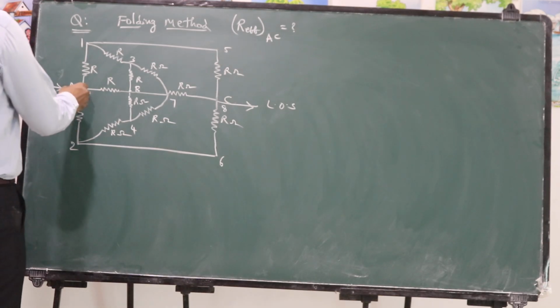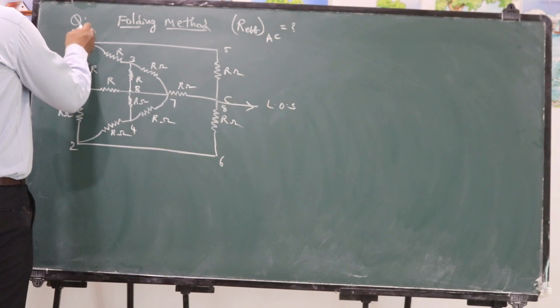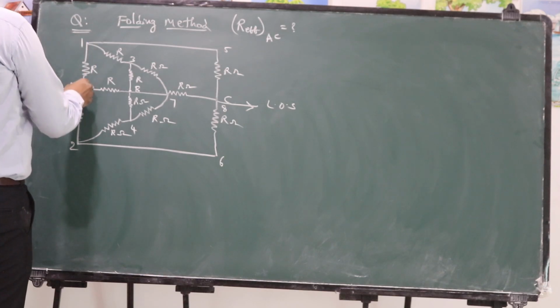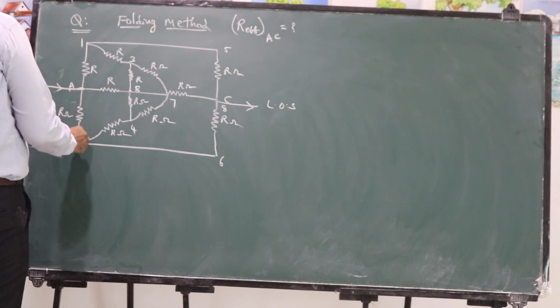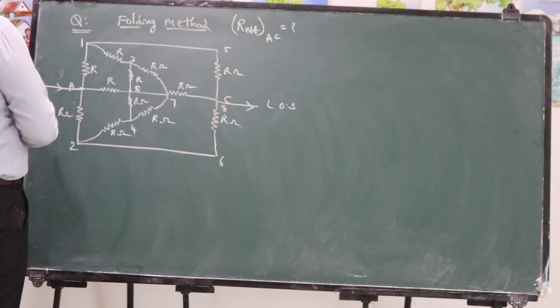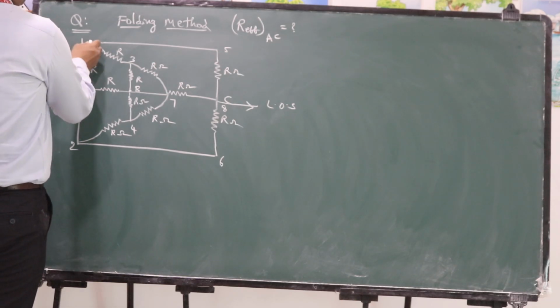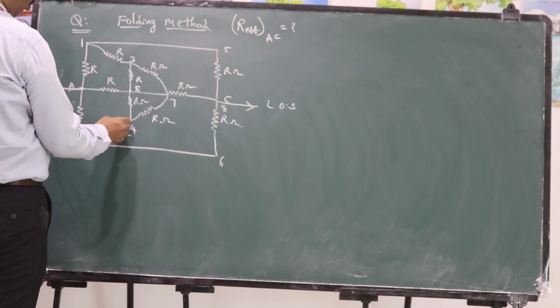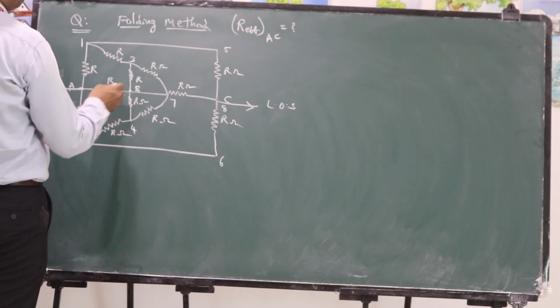Clearly, whatever current is entering into the branch towards 1, the same current is entering into the branch towards 2. Same current is flowing towards 3, same current is flowing towards 4 due to symmetry.